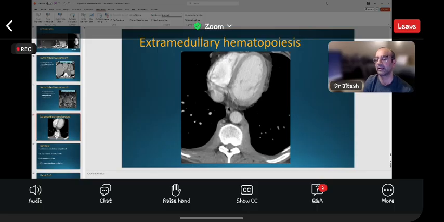If you're seeing a pleural abnormality, pleural invasion, or pleural nodules, that could be both thymoma or thymic carcinoma. But if you're seeing lung nodules, or disease outside the chest, like a liver mets or bone mets, that's more likely to be thymic carcinoma.